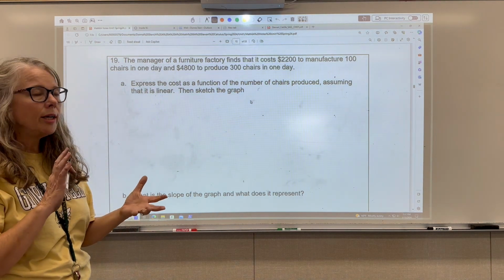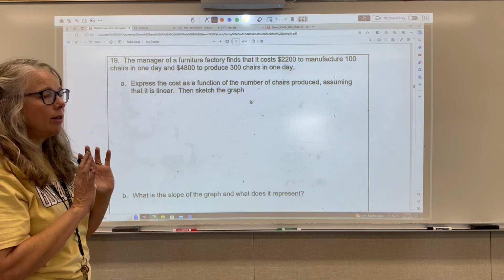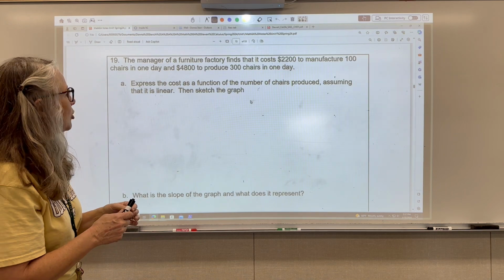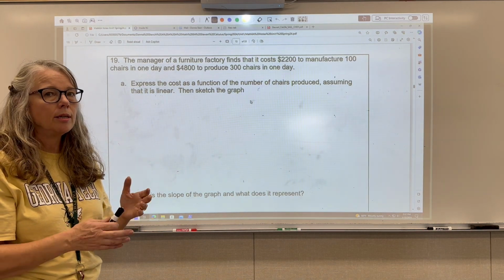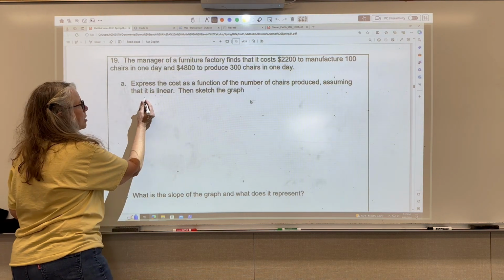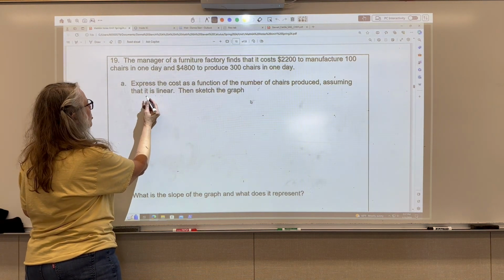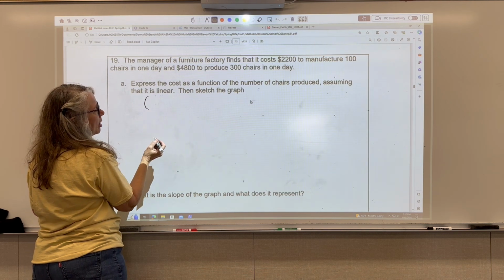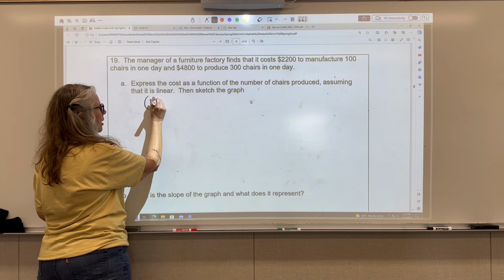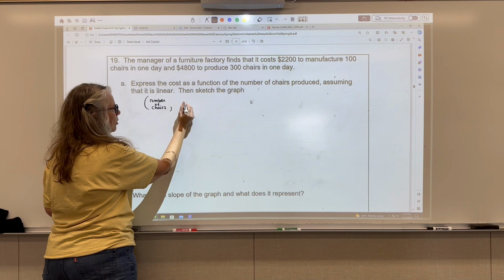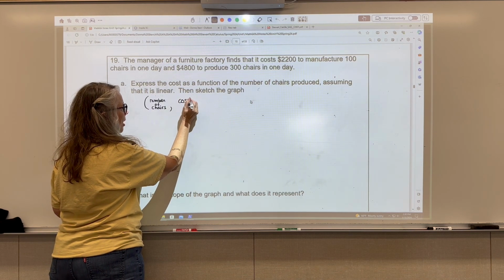So what they're kind of wanting us to do is they're saying the number of chairs produced is our independent variable, and our cost is the dependent variable. Did they give us variables on this? No, they didn't. So the number of chairs is going to be like our x value, and then our cost is going to be like our y.